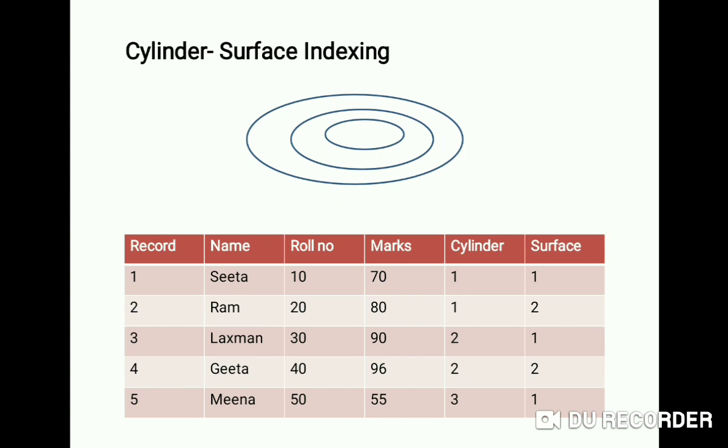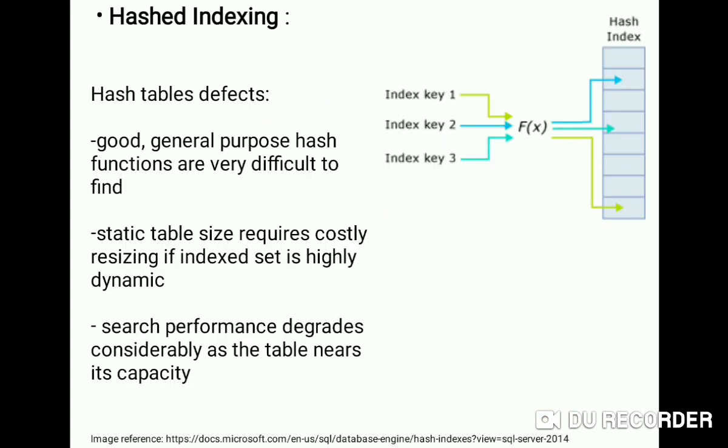Okay. Second is what? Hashed indexing. In hashed indexing, it is same as hash table. Okay, but there are some defects in hash table. What are those defects? Good and general purpose hash functions are very difficult to find. Second is what?